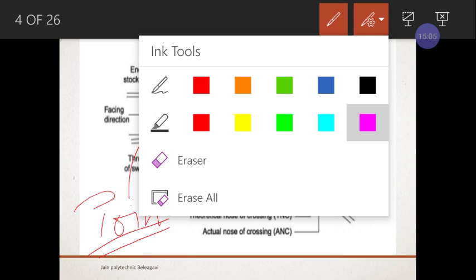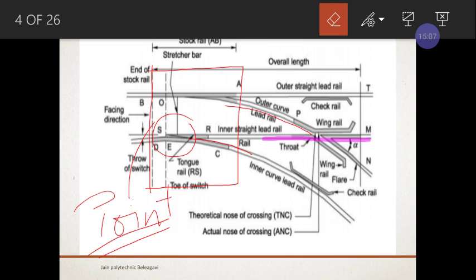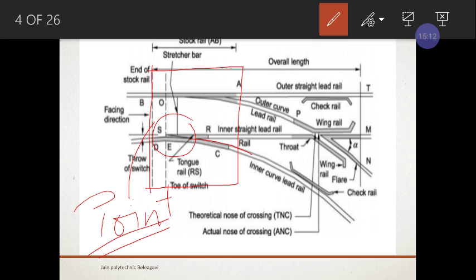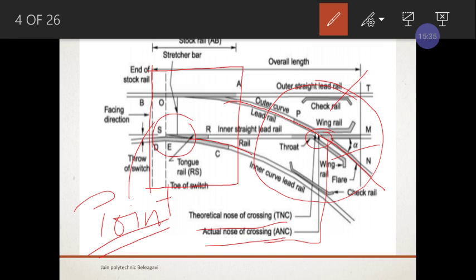So for that case, we have broken that rail and provided a gap here, so that there is free movement of the train in this curve direction, right? So the arrangement made here with the help of the check rail, wing rail, the theoretical nose, the actual nose.